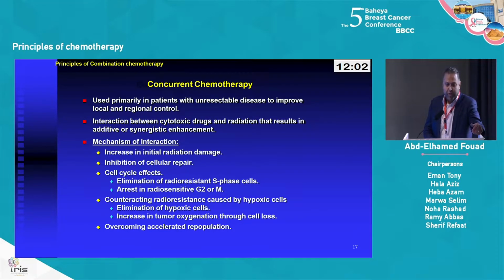Concurrent chemoradiotherapy is a term used primarily in patients who have unresectable disease to improve local regional control. Interaction between the chemotherapy and the radiation results in synergistic enhancement of the treatment outcomes. This interaction comes through increasing the initial radiation damage, inhibition of cellular repair of malignant cells, and cell cycle effects such as elimination of radio-resistant S-phase cells and arrest in radio-sensitive G2 and M phase.